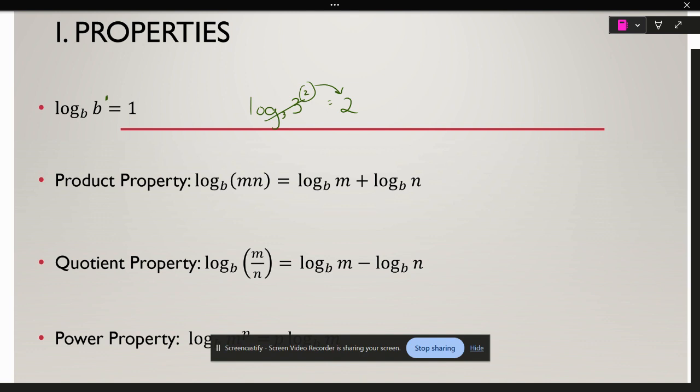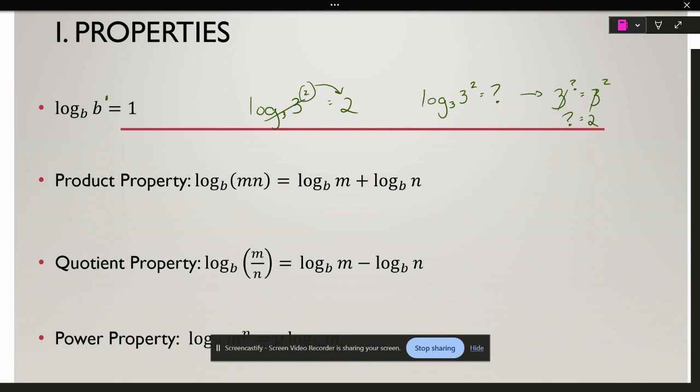Say I had that same exact result and I didn't know what the answer was going to be. I could change it into exponential form: 3 to the question mark is equal to 3 squared. And as we saw from a previous lesson, these would cancel out, and my question mark would be 2. This is why this rule can occur. If you don't remember this rule, you can always change into an exponential in order to solve.